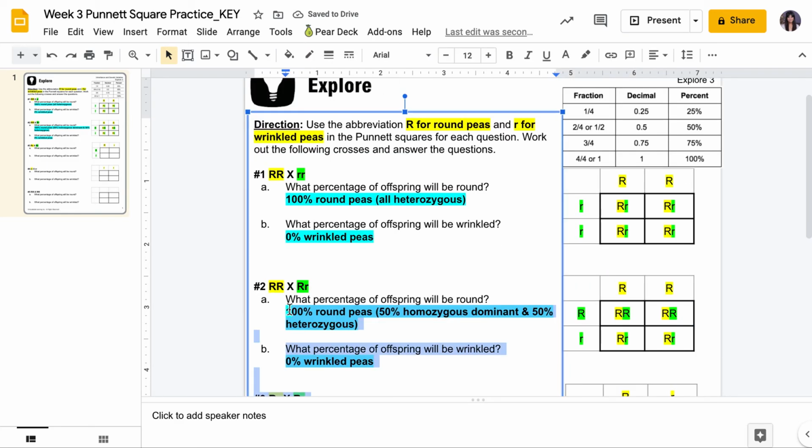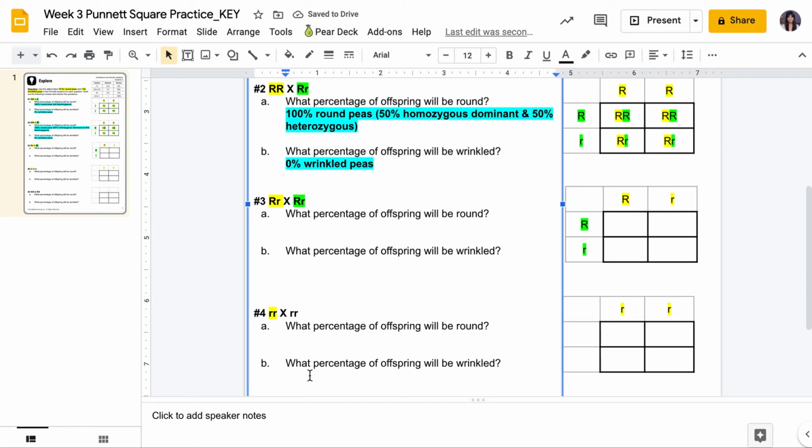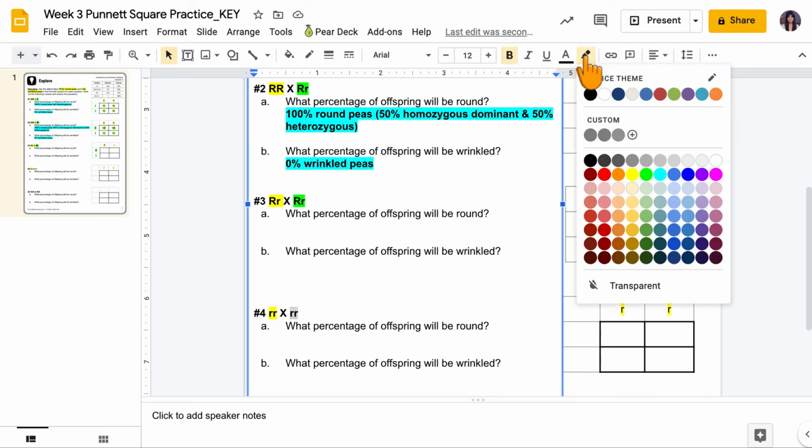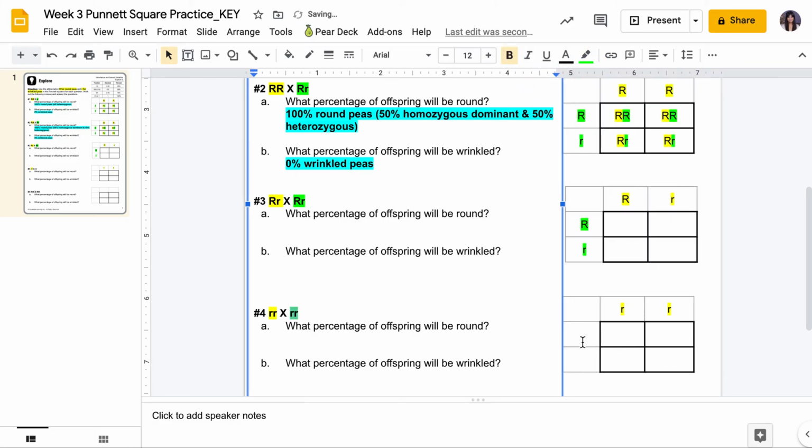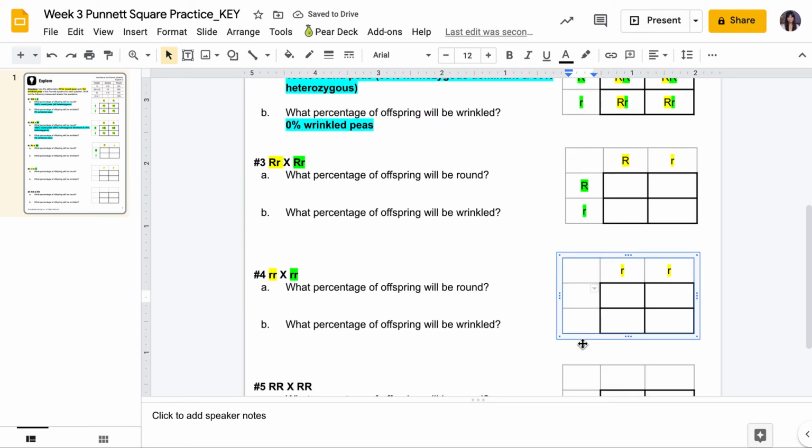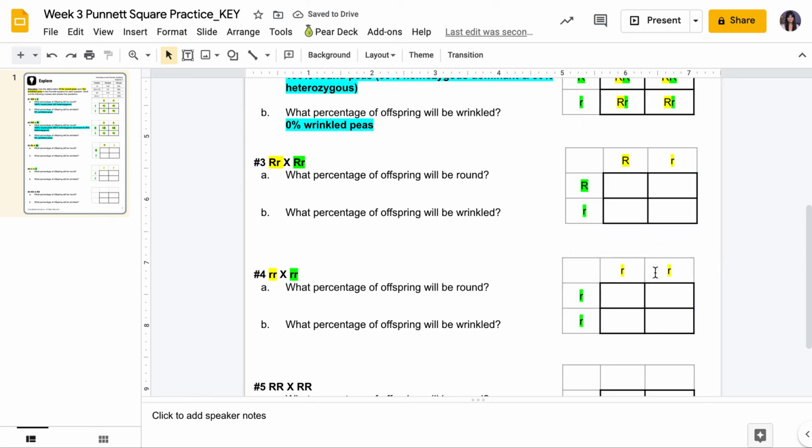And again, for the other one, I'm going to use another color. The color doesn't really matter as long as you use the same color for each of the parents, so you can tell clearly which one is which. So again, I have the first parent on the top and the second parent on the bottom.